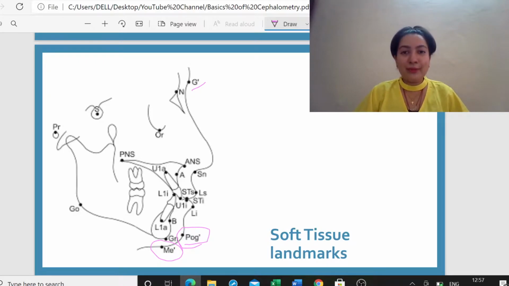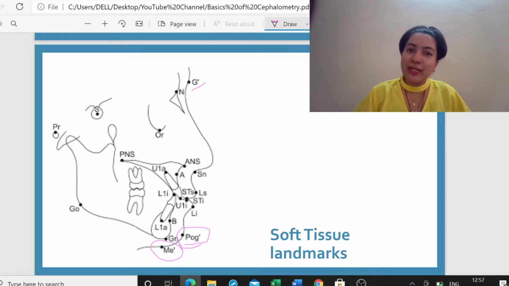All the soft tissue landmarks and hard tissue landmarks are something which you should know. Even if you are not very thorough with the definition, it is okay for your entrance examination, that is your NEET MDS exam. But if you are a BDS student, yes, definitions would be asked in your examinations.